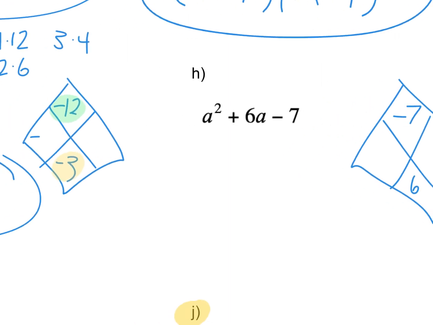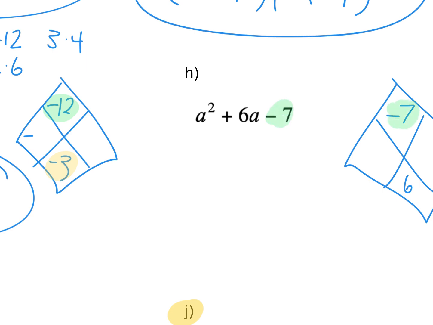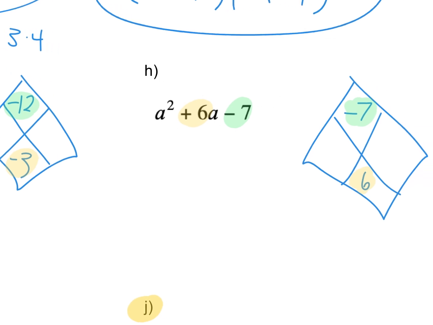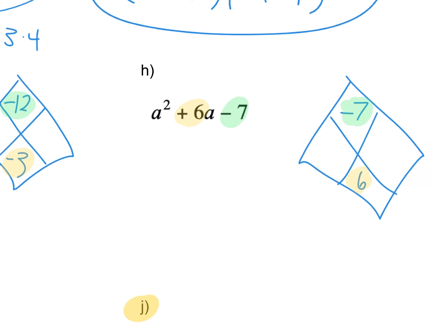So once again, my product is negative, so I know that one of my factors will be negative and one will be positive. 7 only has one pair of factors, 1 and 7, so we just need to figure out which number is positive and which one's negative. Since our sum is positive, we want the larger number to be positive. So negative 1 and positive 7 will be our factors for this one.